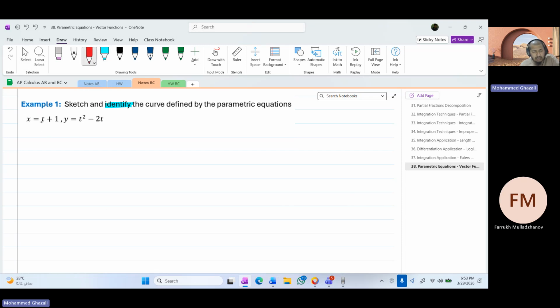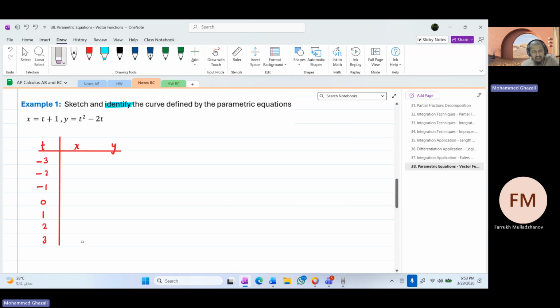Now let's see. I'm going to choose some T values, then I will get X coordinates and then I will get Y coordinates. Let me start my T value maybe from -3 to 3. I'll start from -3, then -2, then -1, 0, 1, 2, 3.